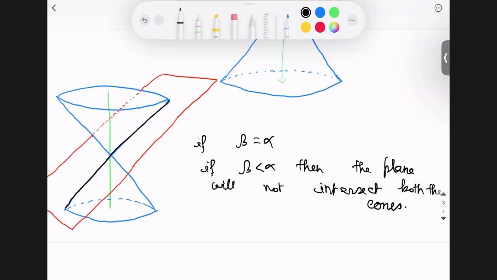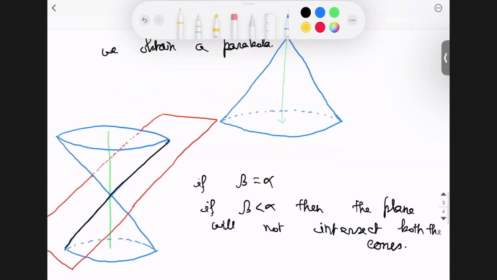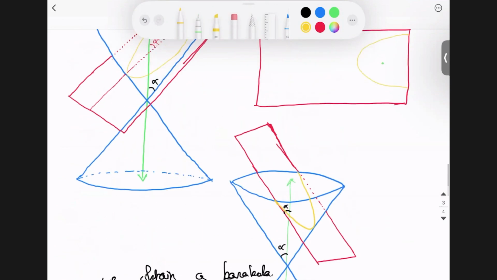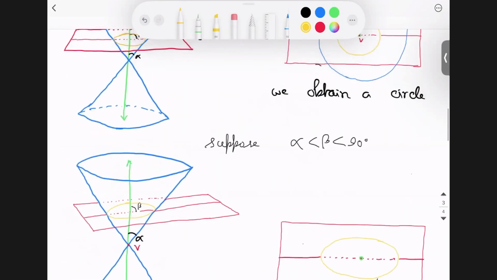You can draw this on your own. Only this section I will get if the plane cuts like this. The angle will be of the form alpha, and we cut both the fronts. Fine. And if it is not like that, then we will get a parabola, or before that we obtain either an ellipse or a circle.